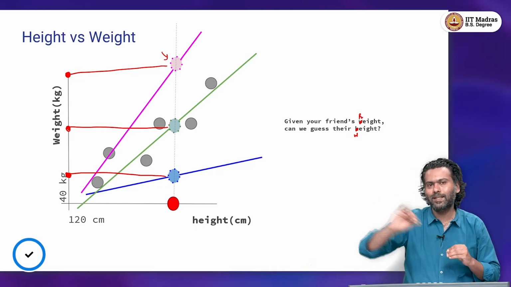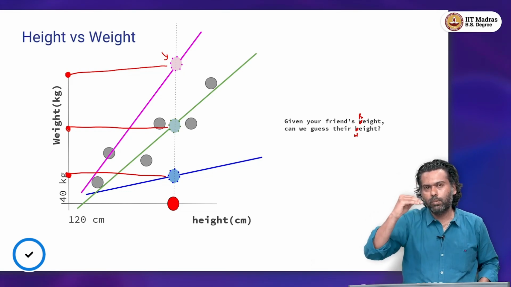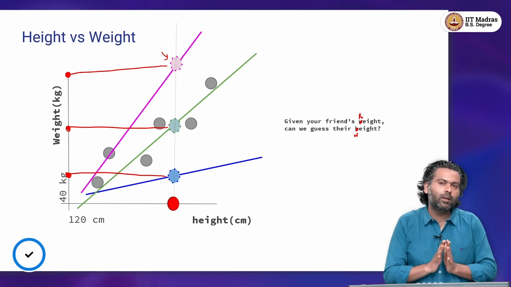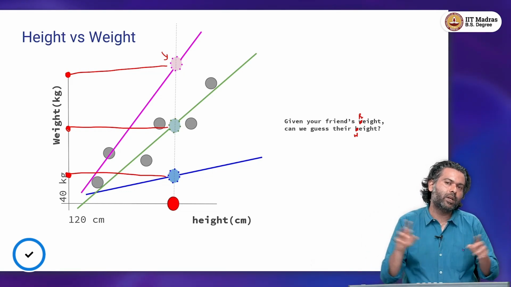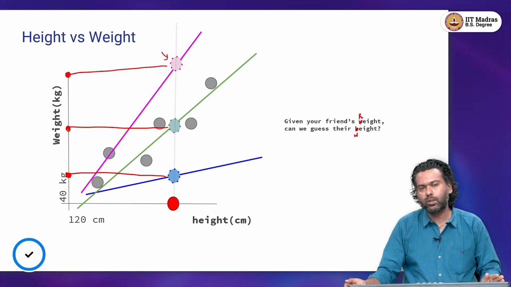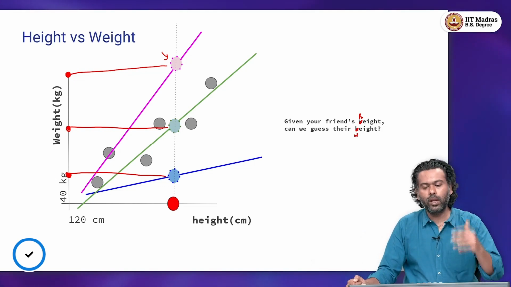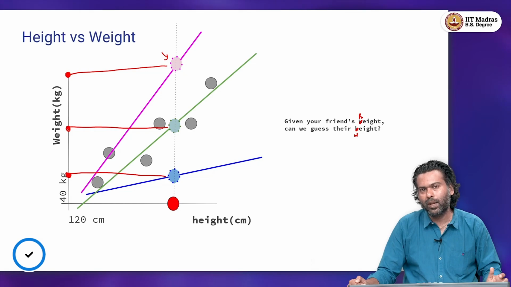The line will not exactly capture this. You might be slightly above the line, slightly below the line, but the ideal relation I believe is a line. That is a hypothesis I am making. If I believe in that hypothesis, then I have to ask which line. There are so many lines. Is it the blue line, the green line, or the pink line?